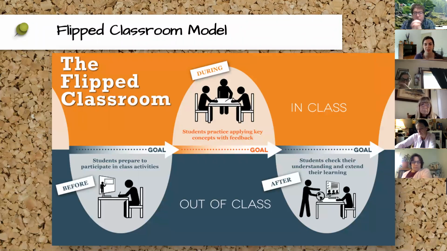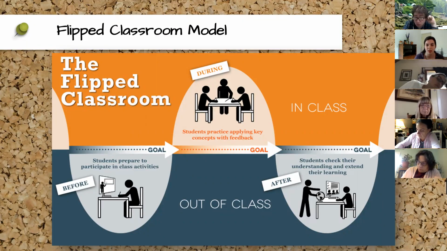This one, thankfully, is a relatively simple model. It's just that idea that you would spend out of class time doing more of the preparation for the really engaging discussions and the hands-on components that you would have students go through.